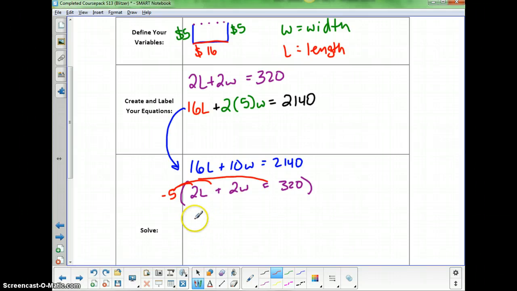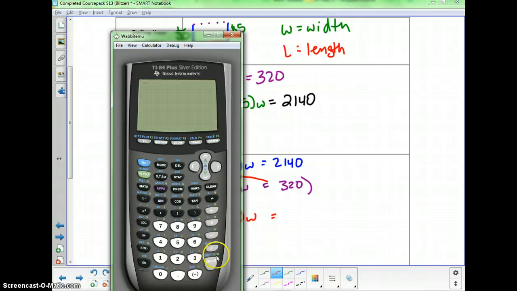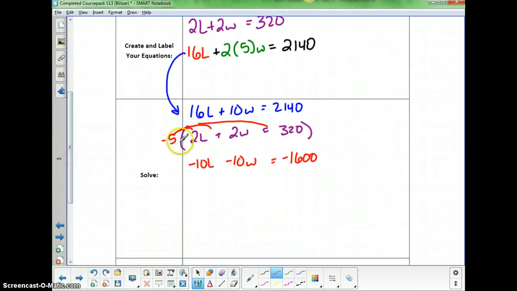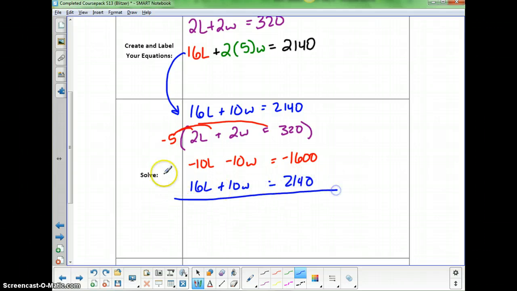So this equation becomes -10L - 10W = -1600, taking 320 times 5. That is the rewritten perimeter equation. We'll copy down the 16L + 10W = 2140 so we can add these two equations.